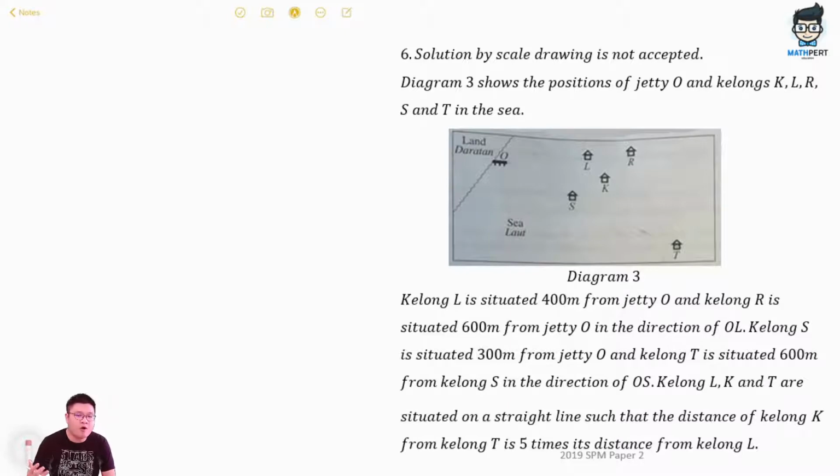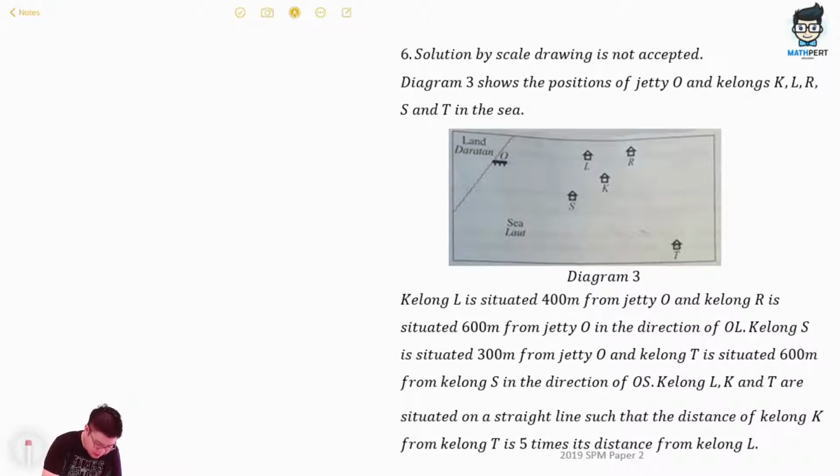So before we jump into solving this question, let us extract the information from all these sentences and put it into our diagram so that we can refer to it more easily. Let's label all the jetty and the columns.